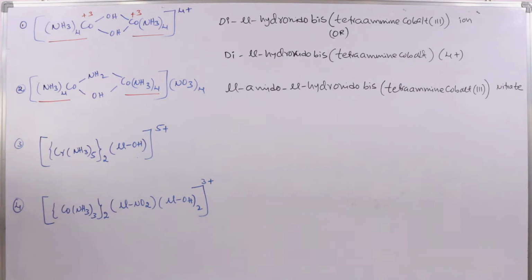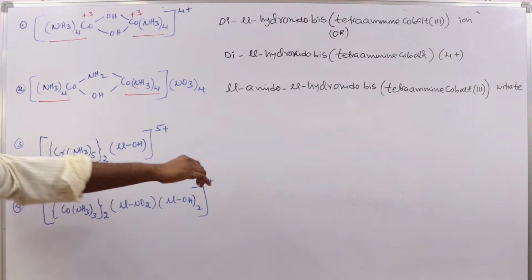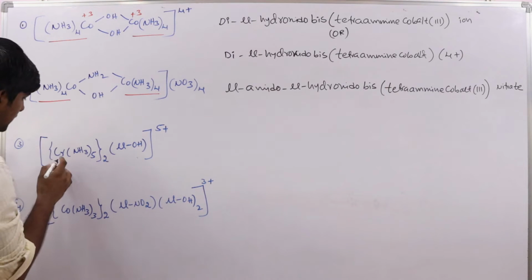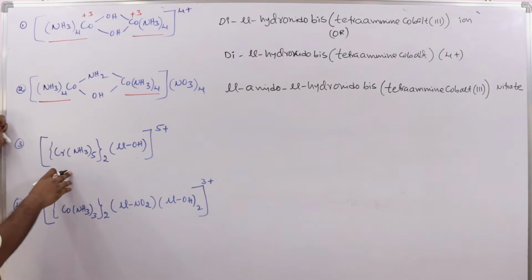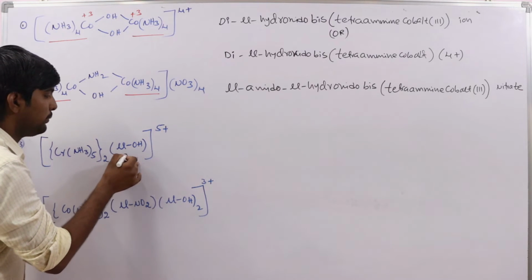Next, look at this complex. A complex can be written in this way also. Here, this is the metal atom and these are non-bridged ligands, and this is the bridged ligand.